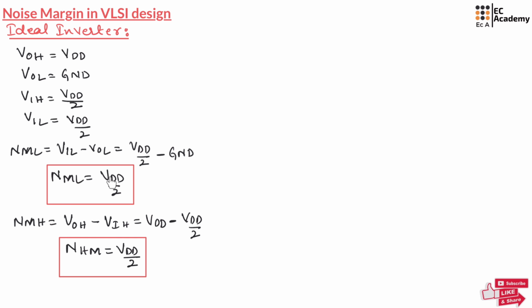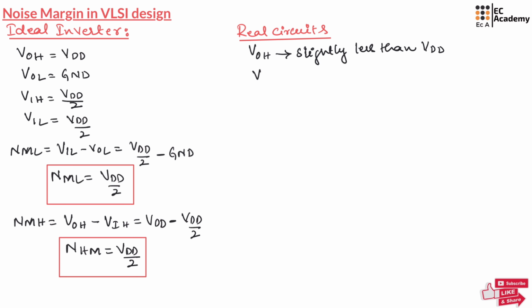This symmetry shows that an ideal inverter has equal tolerance for noise at both high and low levels, which makes it more reliable. In real circuits, due to manufacturing variations, temperature and other factors, VOH will be slightly less than VDD and VOL will be slightly above ground.